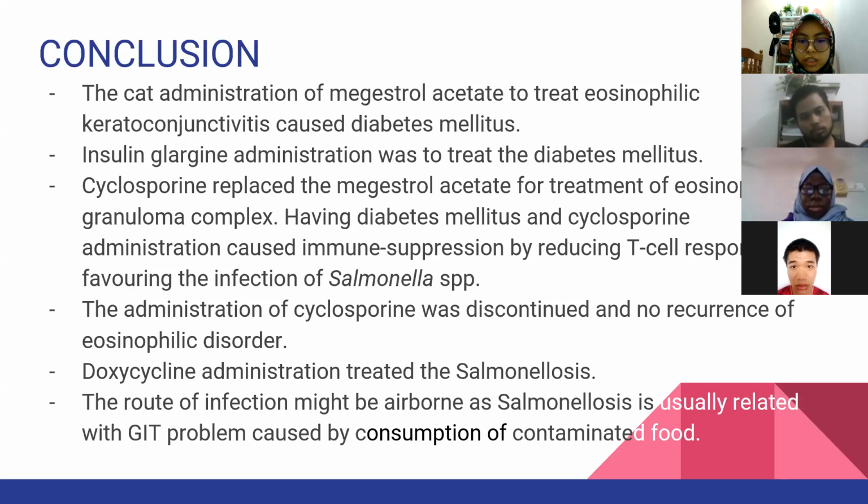The route of infection might be airborne, as salmonellosis is usually related to GIT problems instead of respiratory problems, because salmonellosis usually comes from consumption of contaminated food. So that is the conclusion of this whole case of the cat.